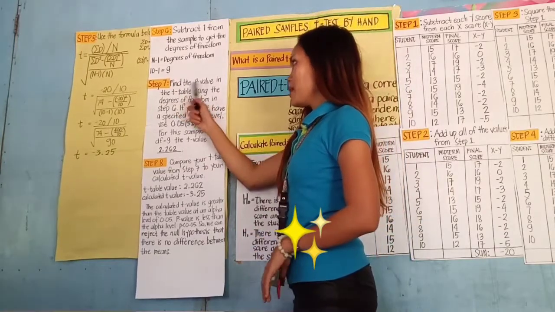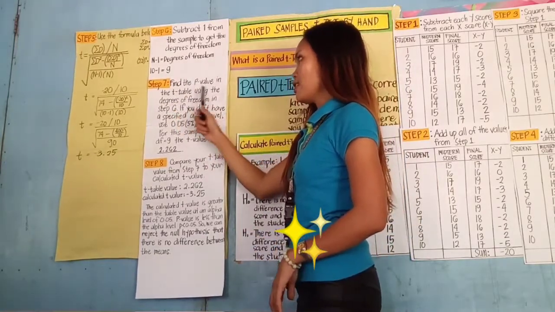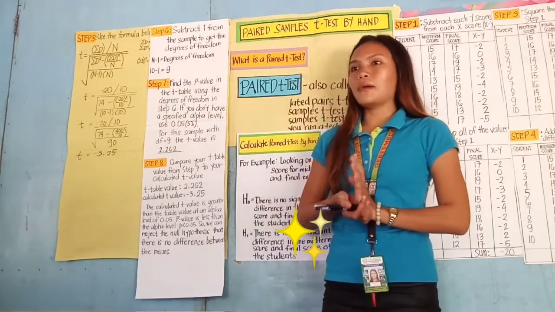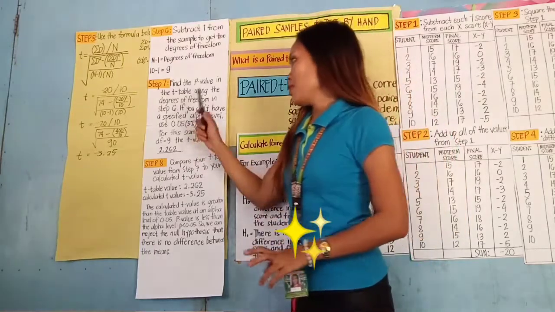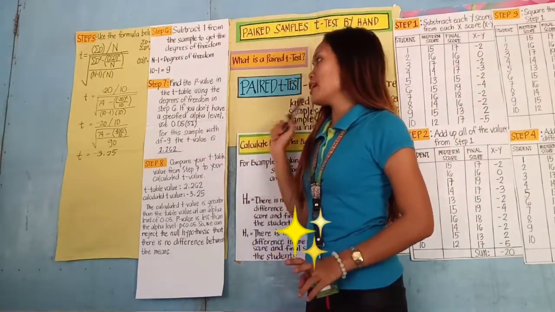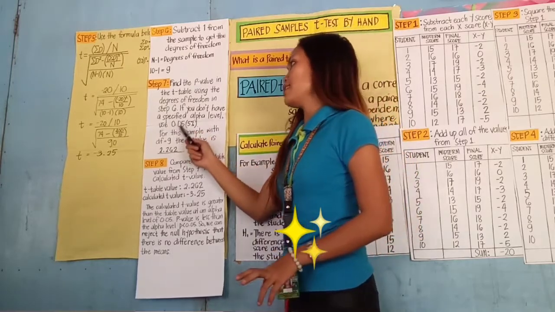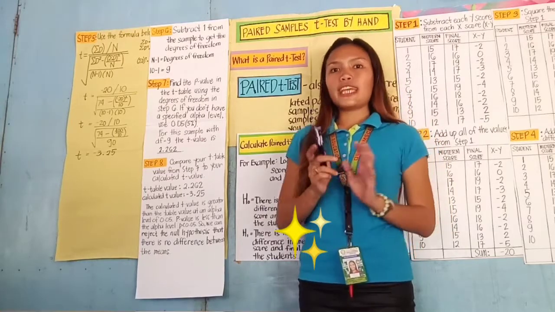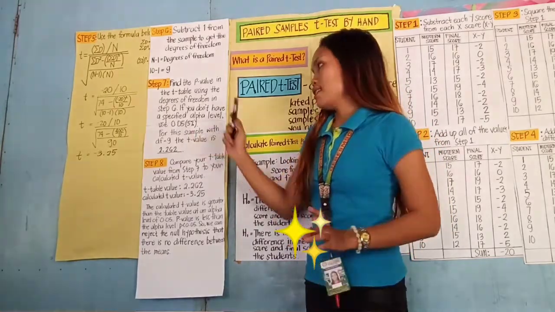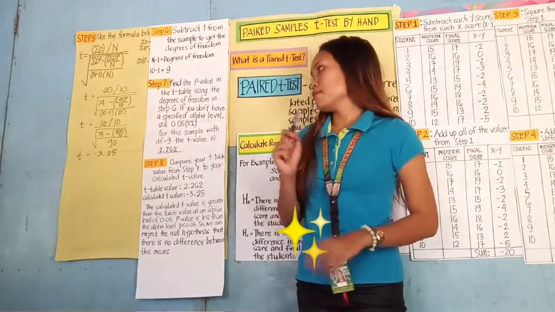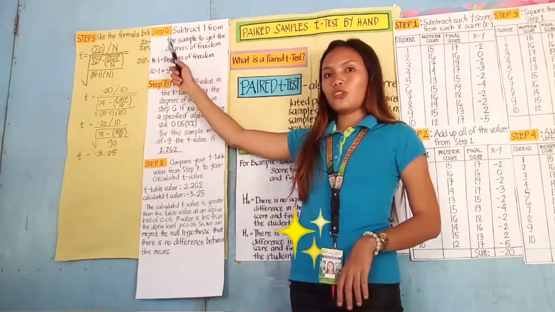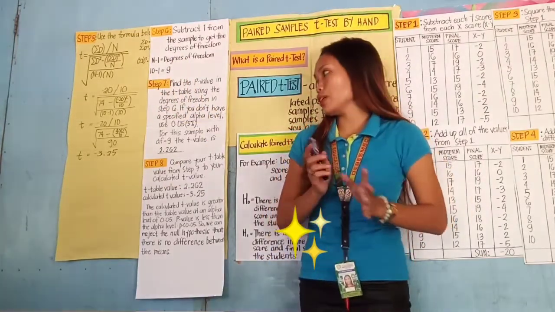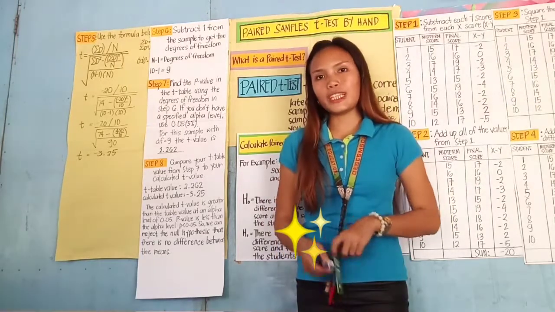Find the p-value in the t-table using the degrees of freedom from step 6. So, get your t-table, and if you don't have a specified alpha level, use 0.05. In your t-table, look at a two-tailed test, alpha level 0.05, with the degrees of freedom 9, so that you can get the t-table value.